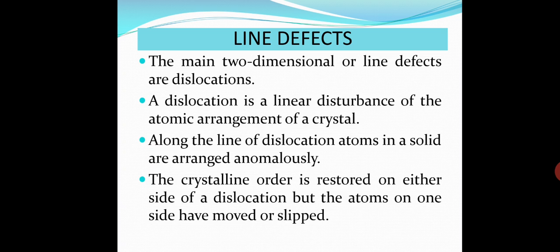So, line defect is nothing but a linear disturbance of atomic arrangement. So, there is a disturbance. The pattern, the regularity is disturbed.